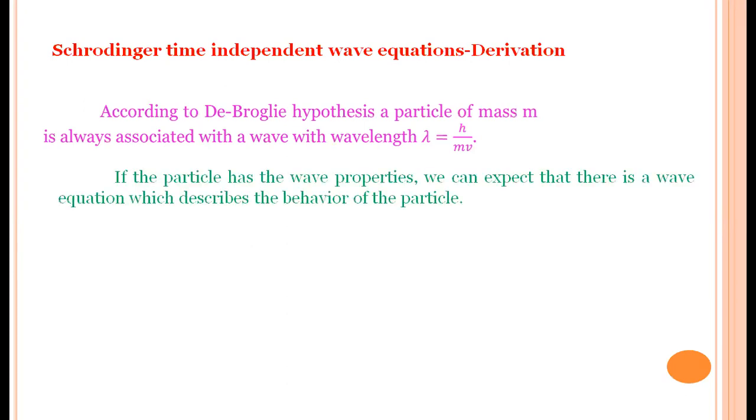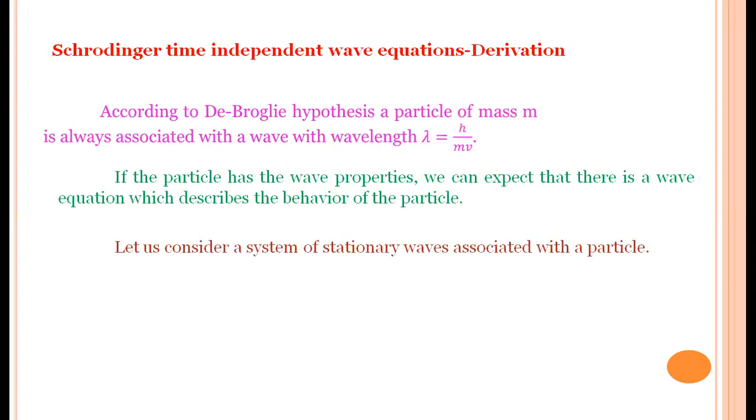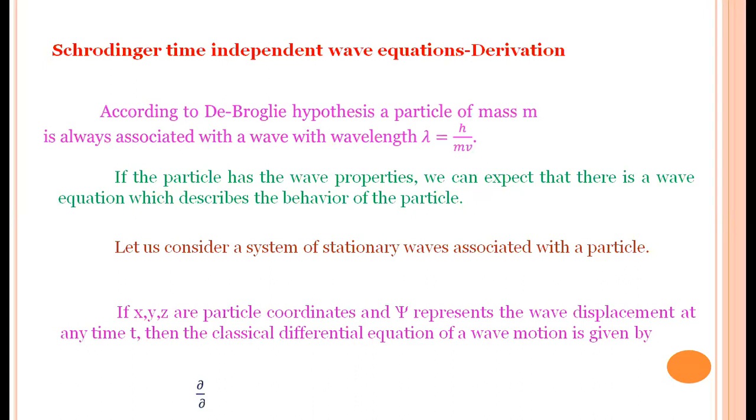If the particle has wave properties, we can expect that there is some wave equation also. According to classical physics, the wave equation can be written as del square psi by del t square equals v square into del square psi, where psi is the displacement, x, y, z are particle coordinates, v is the velocity, and del is a vector whose value is i into del by del x plus j into del by del y plus k into del by del z.